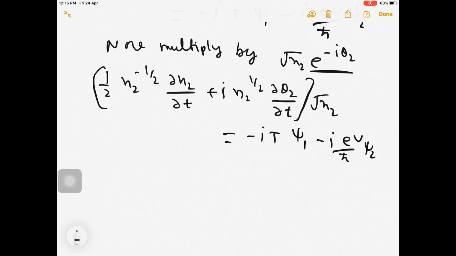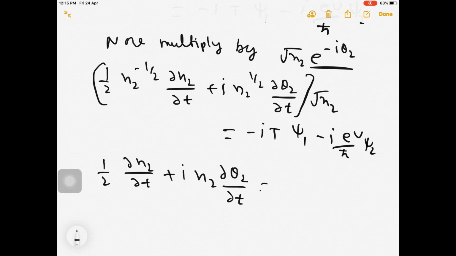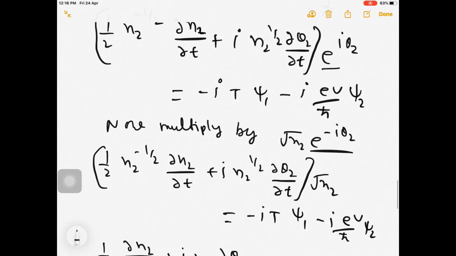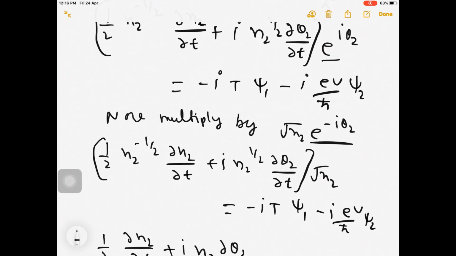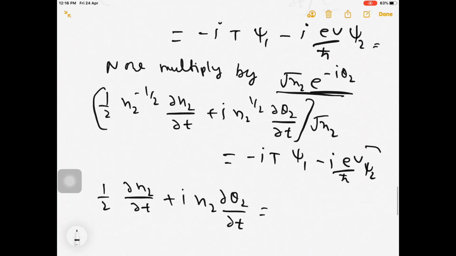If I multiply √n2 inside the terms, then I will get 1/2 ∂n2/∂t + i n2 ∂θ2/∂t. Okay, I have done some mistake. When I multiply with this term in this equation, I have to multiply in the right hand side too. I forgot.